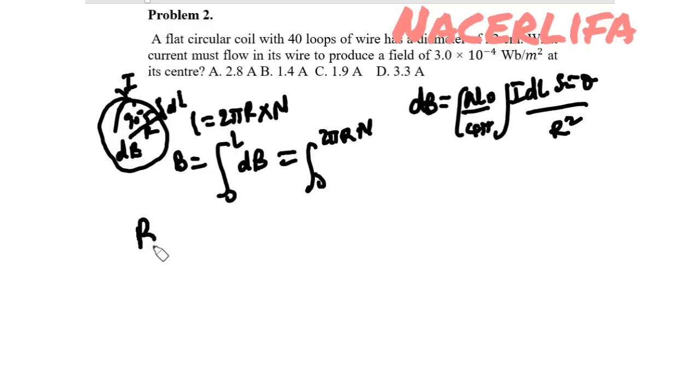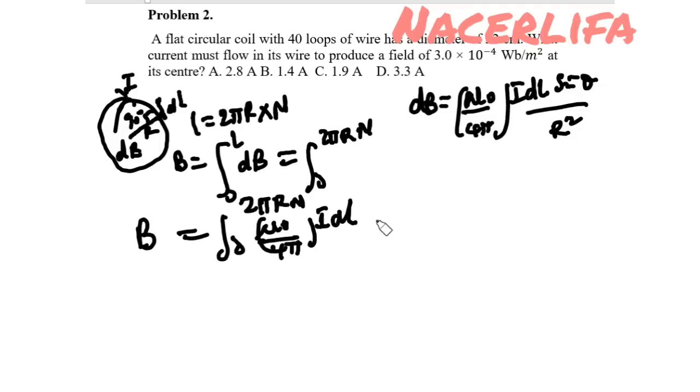So if we now integrate this, we have 2 pi r N. So instead of having the B, we shall be having mu naught upon 4 pi, I dL sine, in this case 90 degrees because the theta is 90 degrees. We have sine 90 upon R squared.